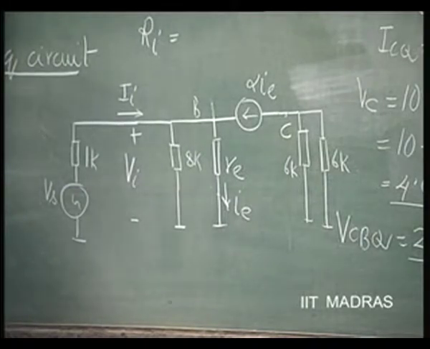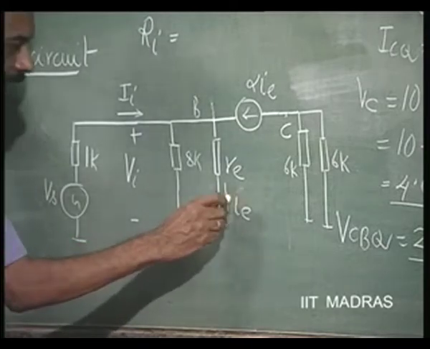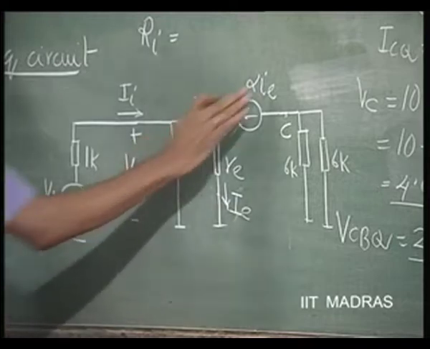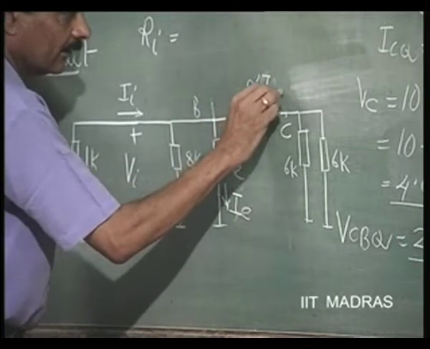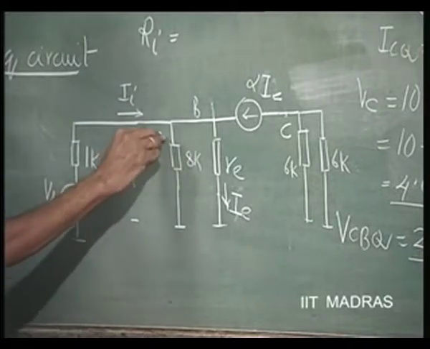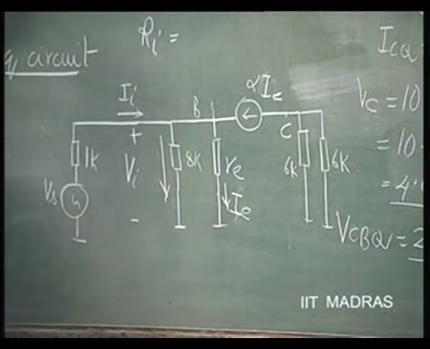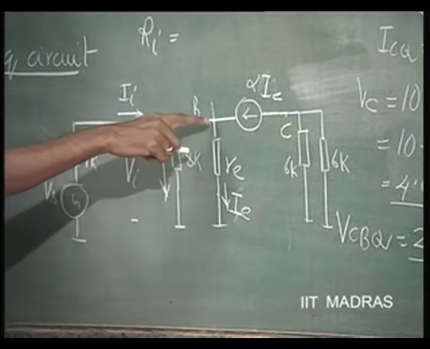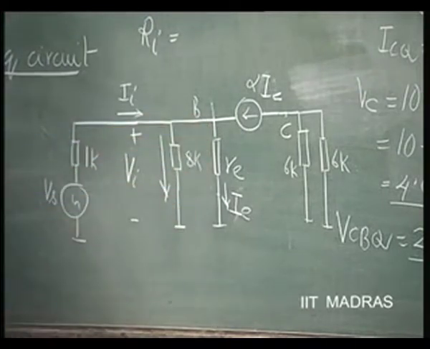Similarly we will convert this into IE, and this one to RMS values I. So, this current here is going to be Vi divided by 8K, and this is Vi by Re.